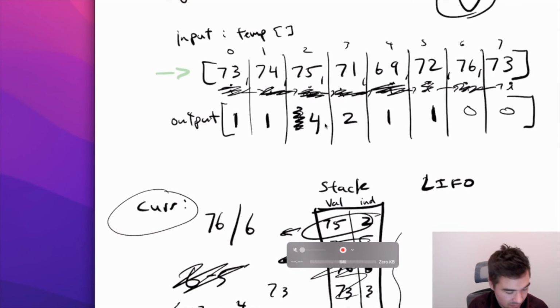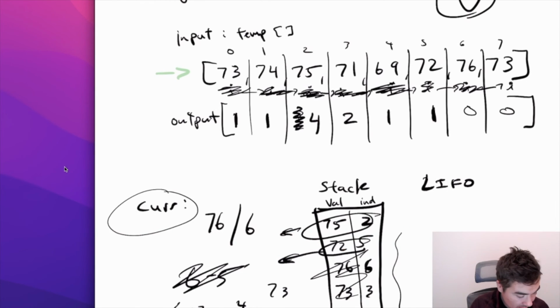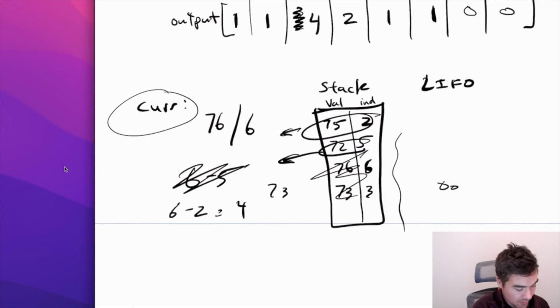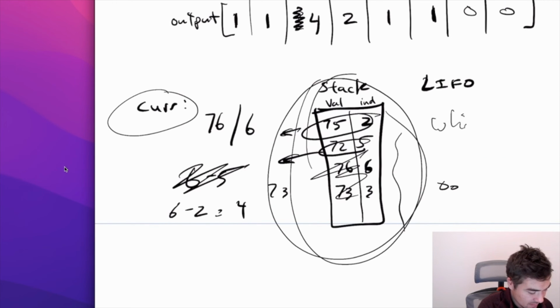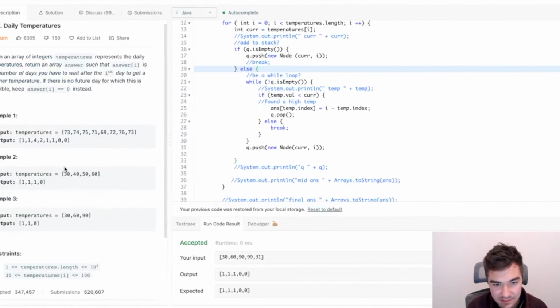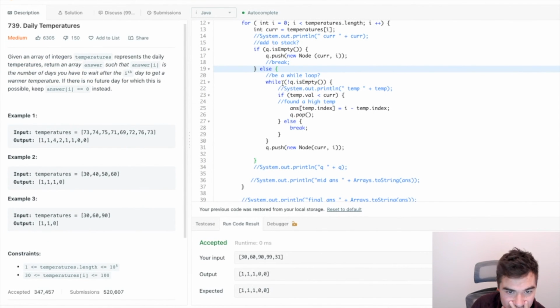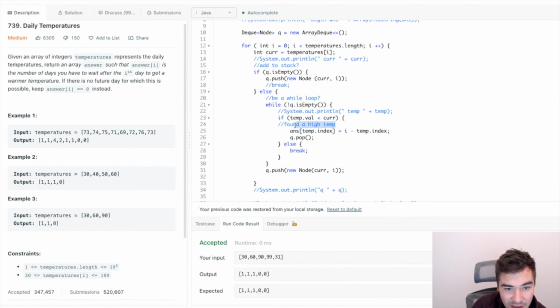So we're going through this stack in a while type fashion. So that's what this while loop here is. So we check to make sure it's not empty. And then if the temp value is less than cur, meaning we found a higher temperature, then we set the answers array to the temp.index.